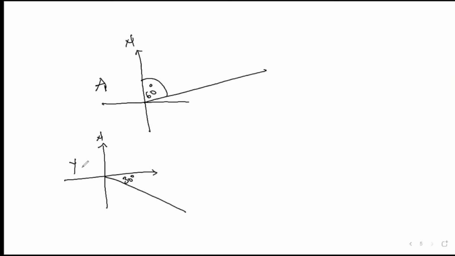What is the bearing of Y? No, just look at it and read it. What will be the bearing of Y?